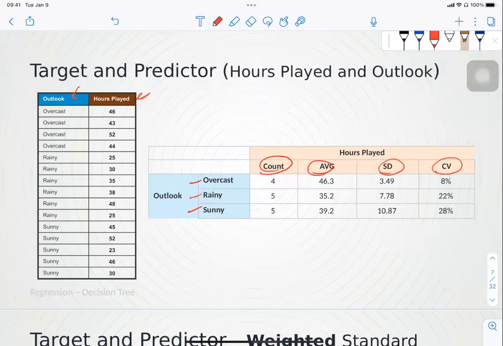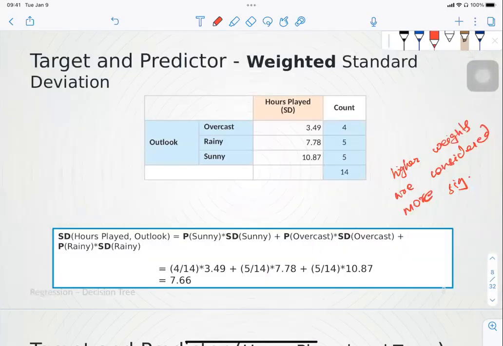After finding that, we'll get to the weighted standard deviation. Weighted standard deviation applies a weight or relative significance to each value in the set of values. So basically, the higher the weight, the more significant that particular value is considered. Now we are going to find the weighted average.